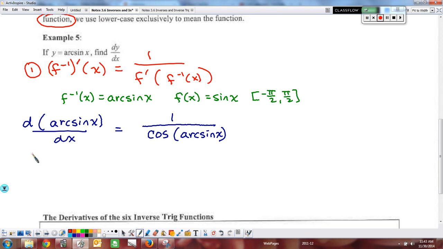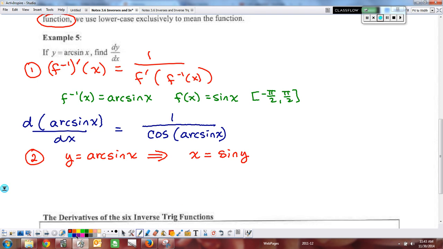All right, so number 2. Instead of applying this formula, the derivative of an inverse is the reciprocal of the derivative of the original at the corresponding point, what you can do is take your y equals arc sine of x. We can turn that to its corresponding value, which is x equals sine of y.